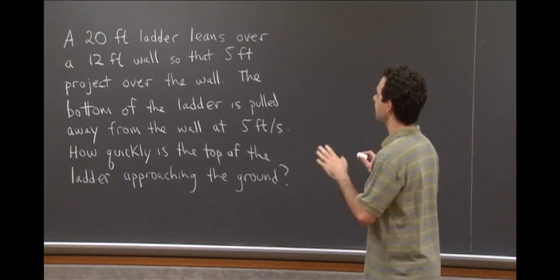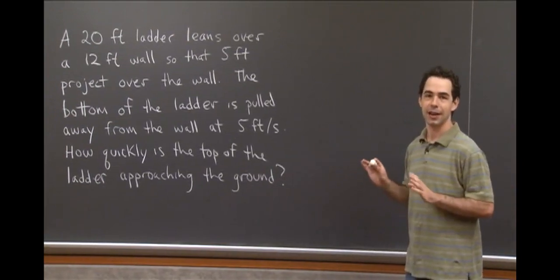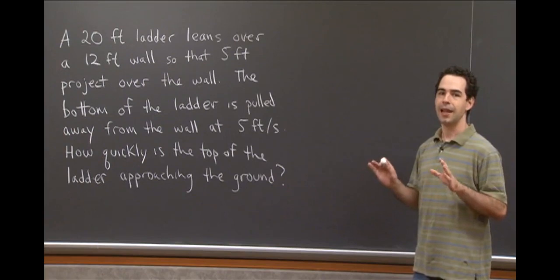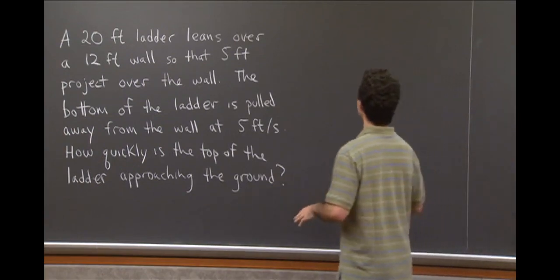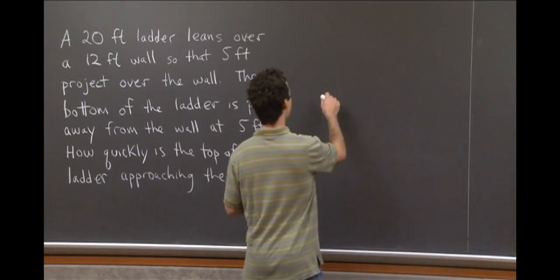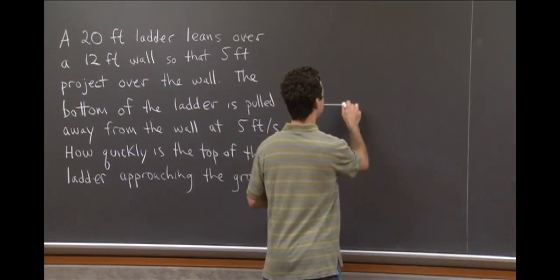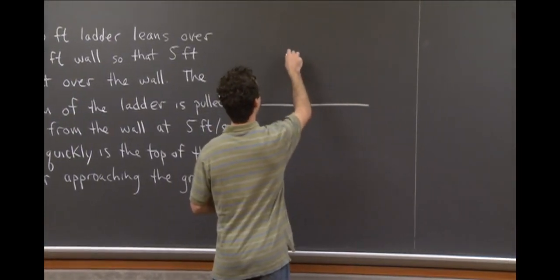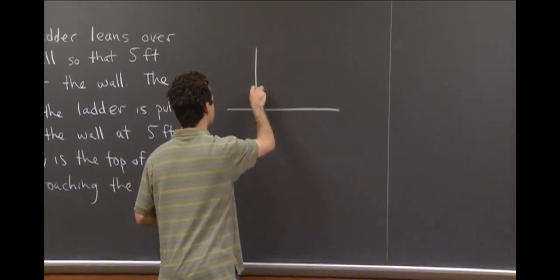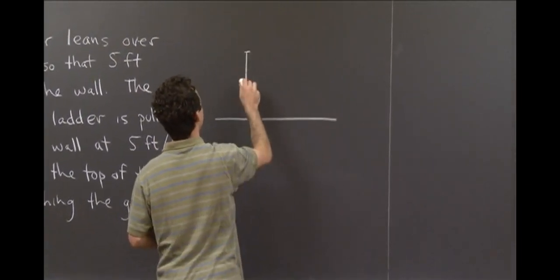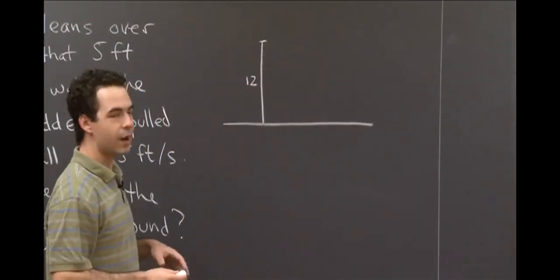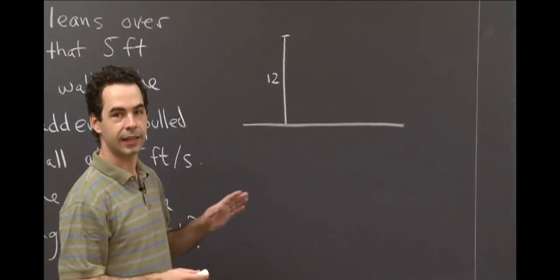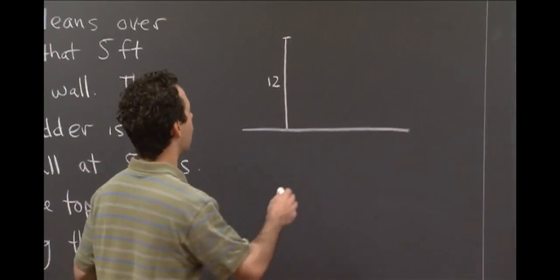So let's start off by drawing a careful picture, and then we'll have to figure out what the quantities that we're interested in are and the relationships between them. So here's the ground, and we have a 12-foot wall. And we have a 20-foot ladder leaning against the wall and extending over it.